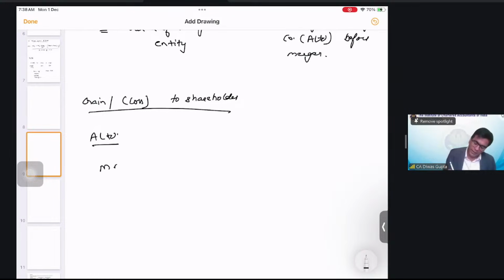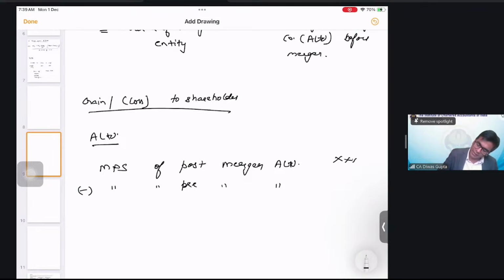From A Limited's perspective, the market price per share of post-merger A Limited minus market price per share of pre-merger A Limited. Simple. Because here also the ratio is 1:1. Correct? So you can do post-merger and pre-merger. Simple comparison, students.